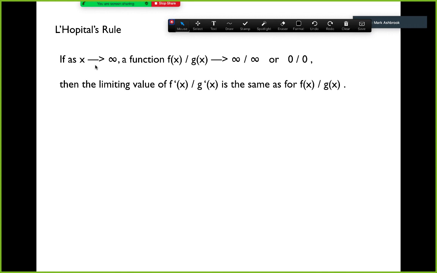So as x gets very large, consider a function that's a ratio of two functions. This isn't necessarily a rational function; it can be a quotient of any two functions.